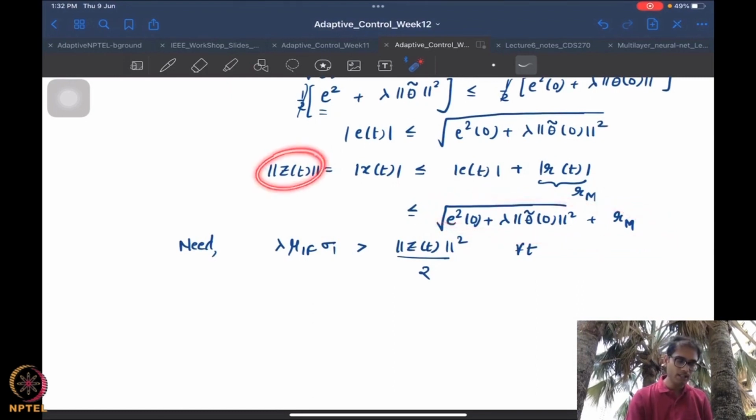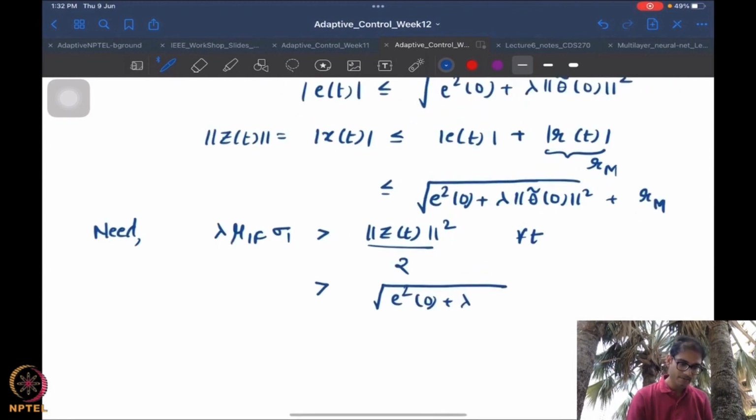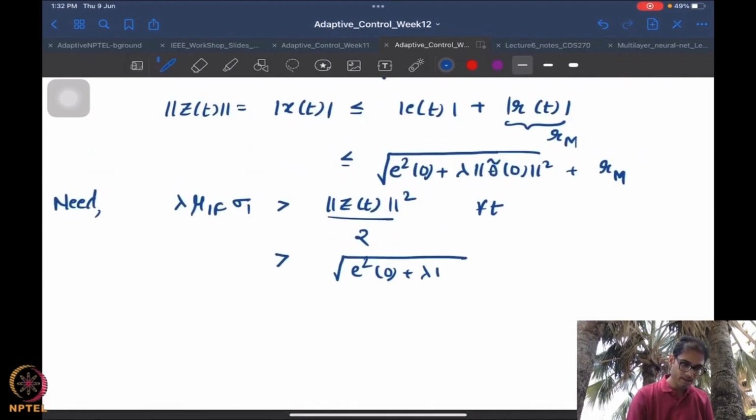So for all time t, this bound has to hold, right? So obviously you want this to be greater than square root of e squared 0 plus lambda norm theta tilde 0 squared, plus Rm, whole squared by 2.